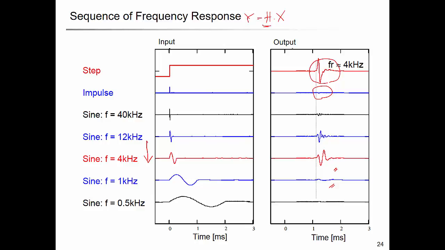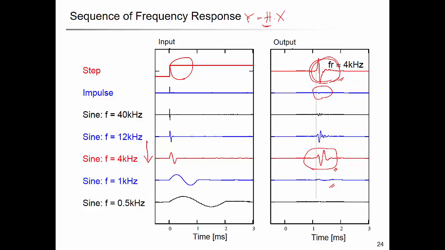And why is it? When you see this, at the 4 kilohertz, you get the maximum amplitude, right? And when you apply the step signal, the resonant frequency of the received signal also matches with the 4 kilohertz. What does it mean?